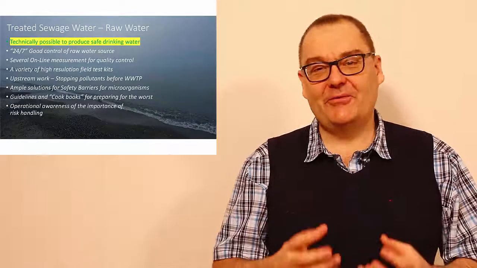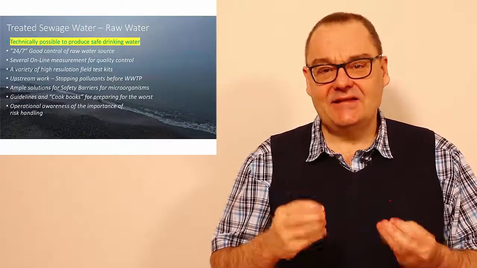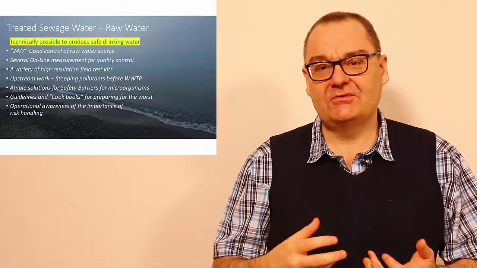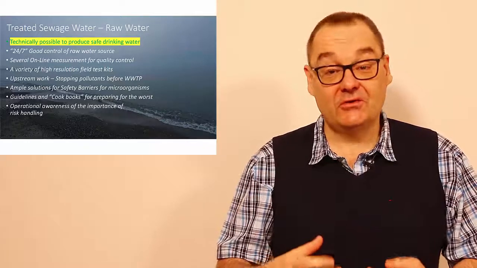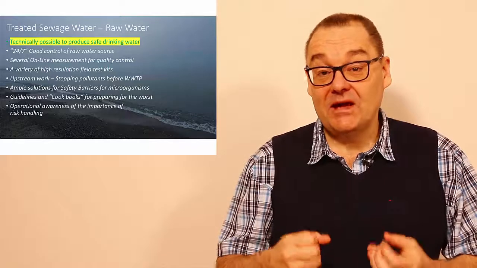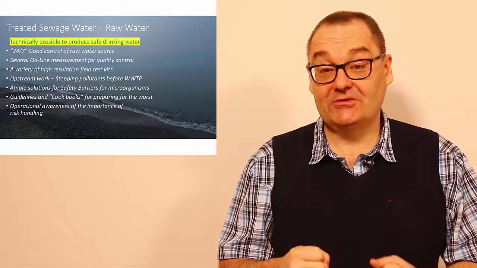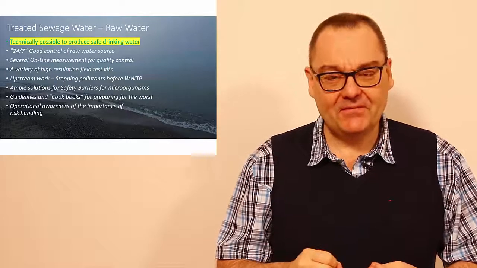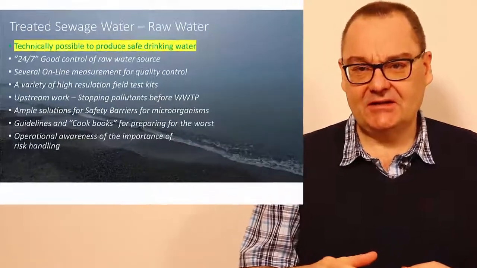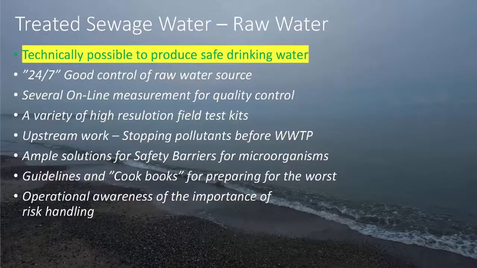First, it's very important to remember that it's technically possible to use treated sewage water as your raw water for drinking water production. We have all the technical tools we need for that. With that said, keeping that in mind, let's have a look at this checklist I made up on some points that are, I would say, positive in regards to control of the raw water source.